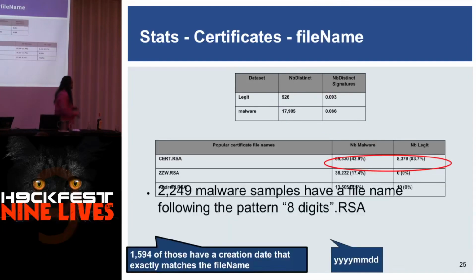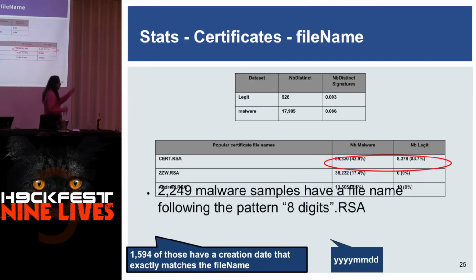Certificate file name. Let's not bother with the top; let's go here. For 84% of legitimate applications, the certificate file name is called cert.rsa. So if you make malware, just call it that, and I'm not going to see it. For malware, it's 42%, so much, much less.